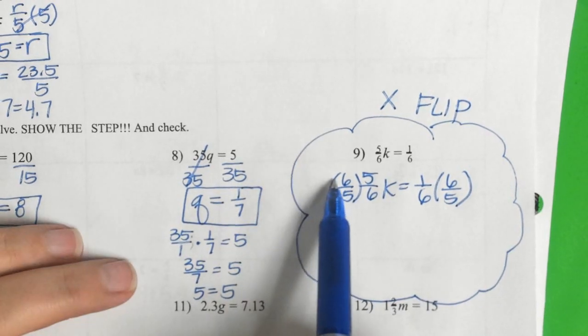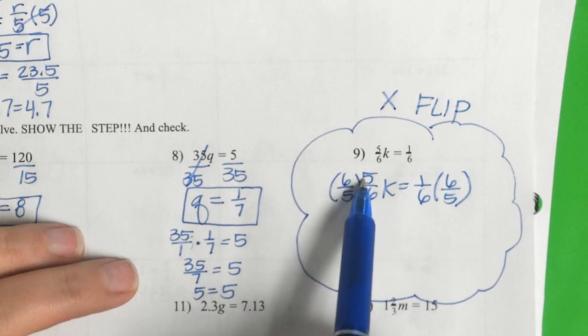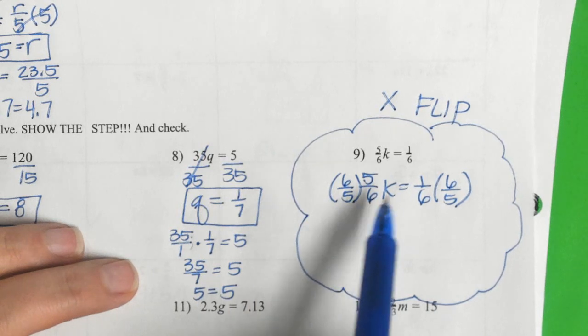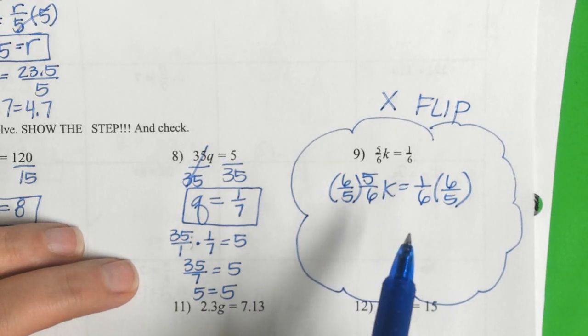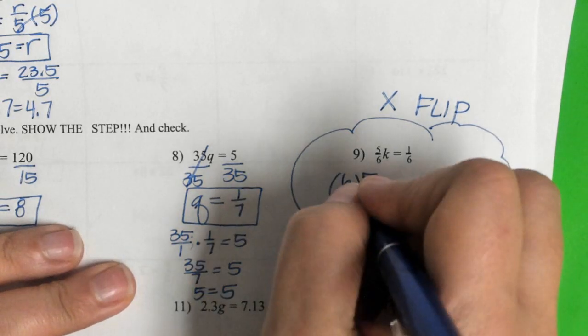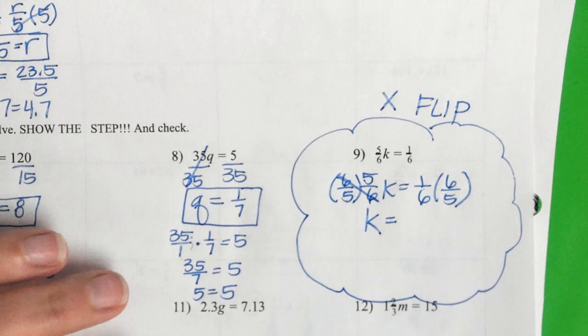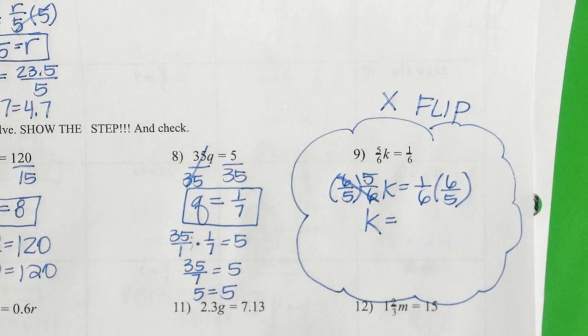And here's why. When I flip this, what is 6 times 5? 30. What is 5 times 6? 30. What's 30 over 30? 1. What's 1 times k? k. Remember, identity property, it keeps its identity.